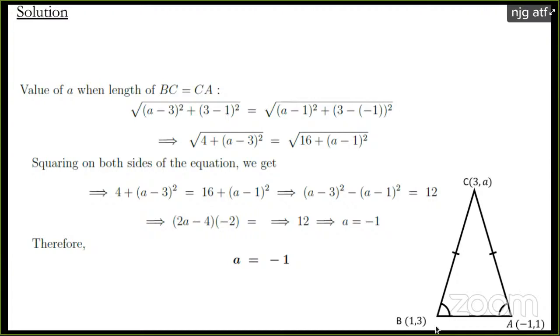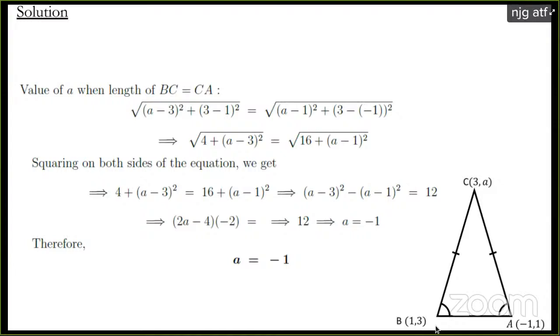What we have to do is square on both sides, to eliminate those square roots. You will get 4 plus (a − 3) whole square will be equal to 16 plus (a − 1) whole square. Bring this 4 to the right hand side and bring that (a − 1) whole square to the left hand side. So you will get (a − 3) whole square minus (a − 1) whole square is equal to 12.